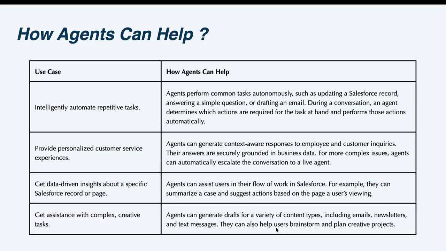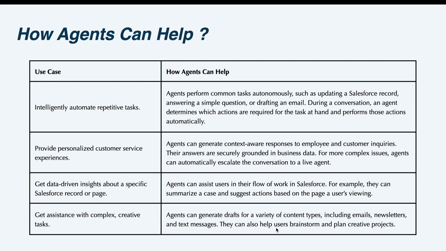So basically, during a conversation, an agent can intelligently determine which actions are required for a particular task and can perform those actions automatically. They can also provide personalized customer service experiences by generating context-aware responses to employees and customer inquiries, and their answers are securely grounded with business data.